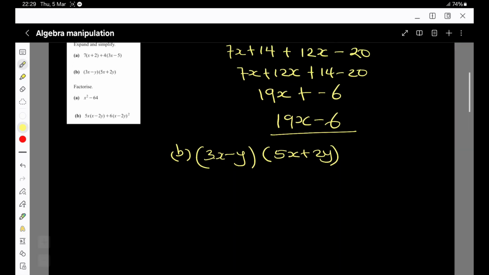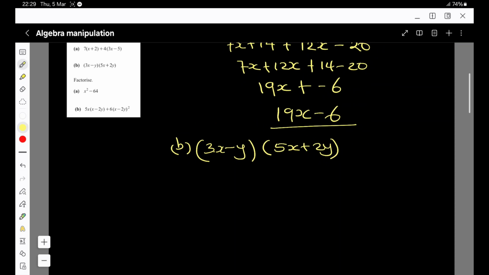We can even first make it appear in the form of the first one, or we can just dive into it directly. So basically it means we're going to multiply this bracket with that bracket, whereby each number in the first bracket multiplies with both of those in the second.